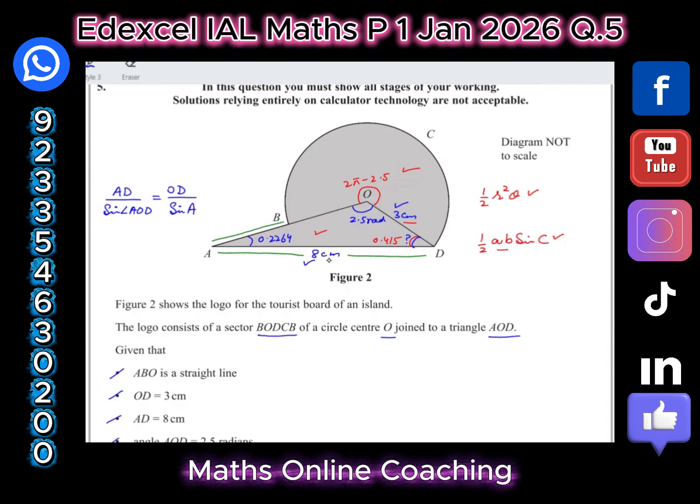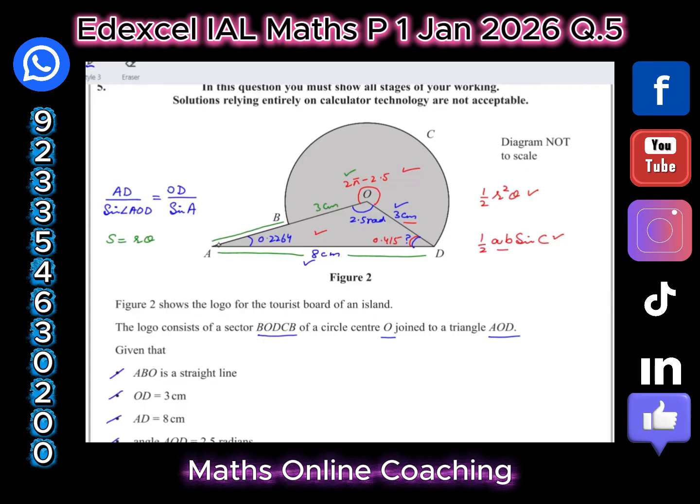The value of AD is given 8 centimeter. And the boundary of this sector can be calculated by the formula S is equal to R theta, the formula for arc length. Here R is the radius, which is 3 centimeters. And theta is the angle 2 pi minus 2.5 radians. Next is the side AB.